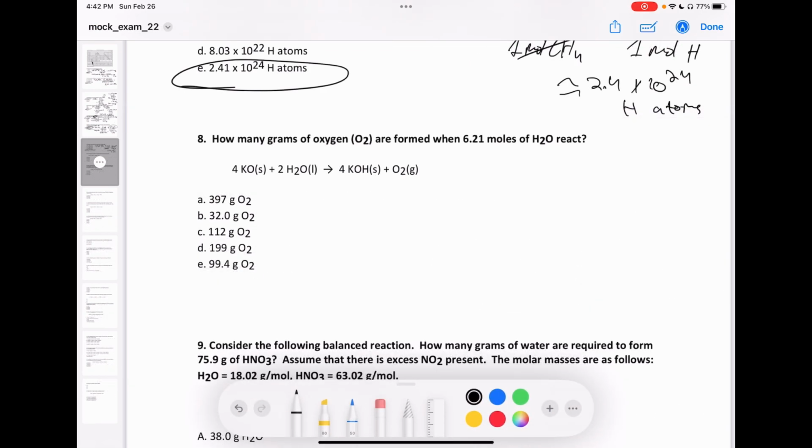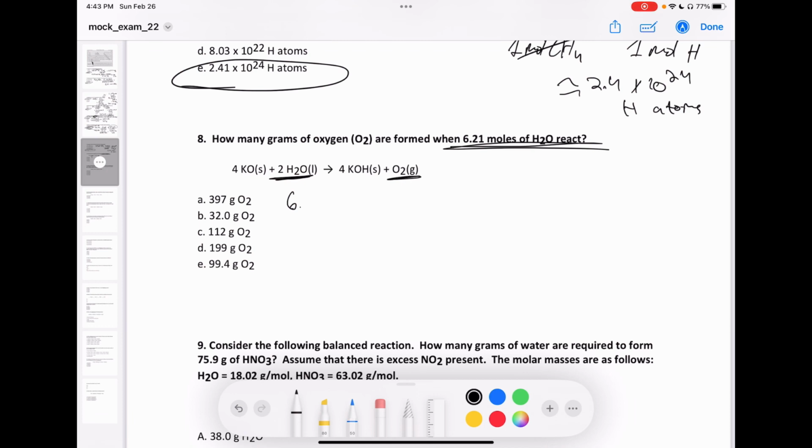All right, how many grams of oxygen are formed when 6.21 moles of H2O react? This is again using a mole ratio, pretty similar to the last problem. Notice that for every 2 moles of water that react, only 1 mole of oxygen is formed.